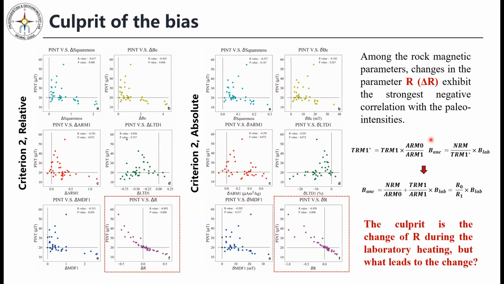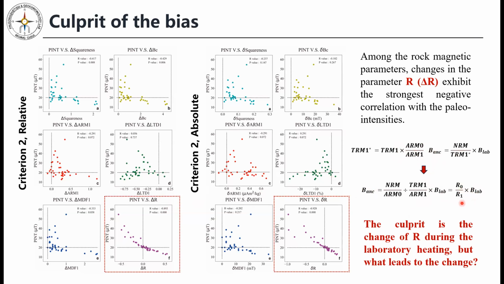Furthermore, let's go back to the calculation equation. If we assume good linearity in the NRM to TRM1 correction plot, the formula changes to this form, where the paleointensity estimation should be positively correlated to R before and after the heating.